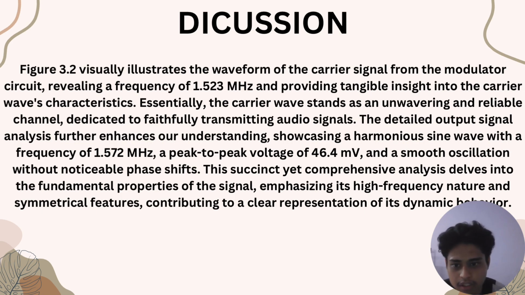Detailed output signal analysis further enhances our understanding, showcasing a harmonious sine wave with a frequency of 1.572 MHz, a peak-to-peak voltage of 46.4 millivolt, and a smooth oscillation without noticeable phase shift. The concise yet comprehensive analysis delves into the fundamental properties of the signal, emphasizing its high frequency nature and symmetrical features, contributing to a clear representation of the dynamic behavior.